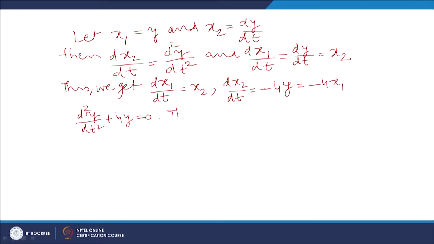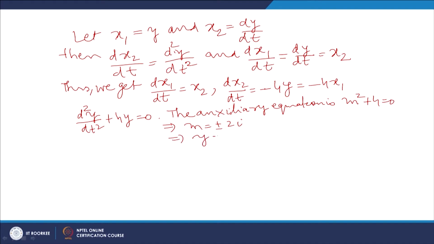The auxiliary equation is m² + 4 = 0, which gives us two values of m, plus minus 2i, and therefore y is equal to some constant a times cos 2t plus some constant b times sin 2t, and therefore cos 2t and sin 2t are two solutions of this differential equation.